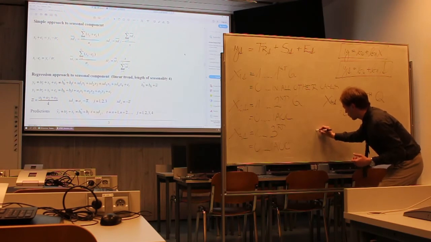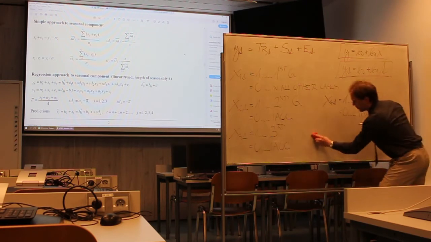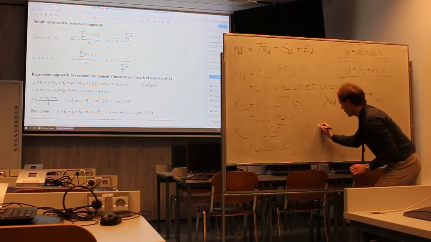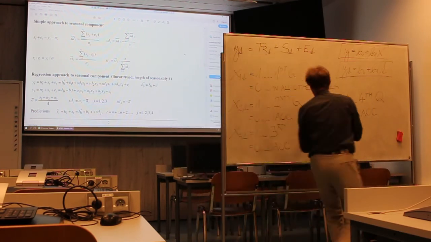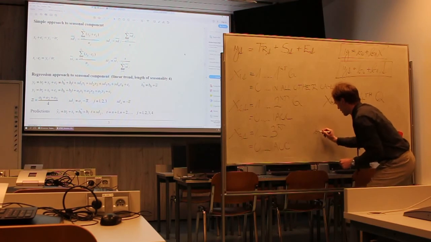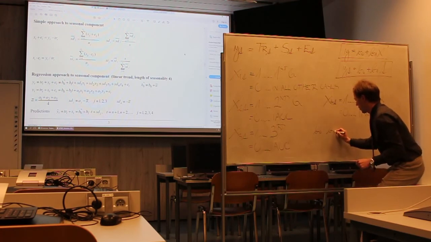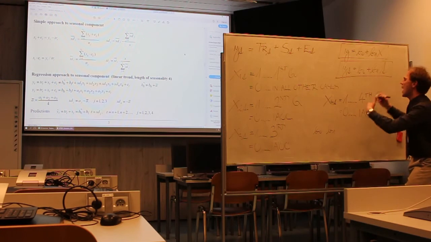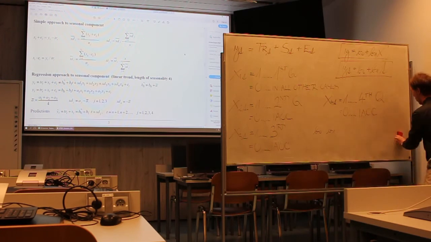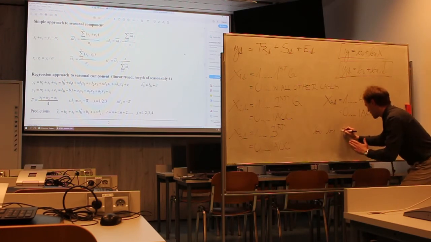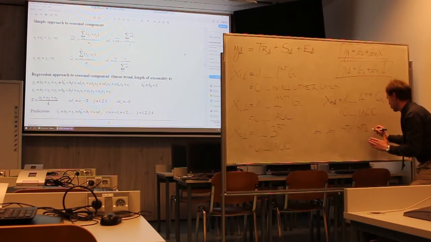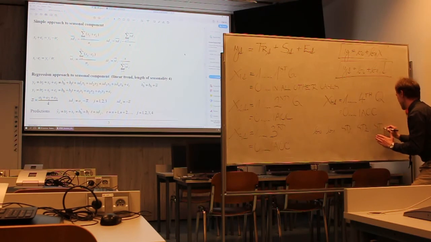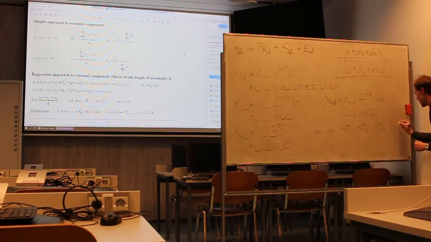There will be vector b0, b1, and another vector of SD1, SD2, SD3, and SD4.